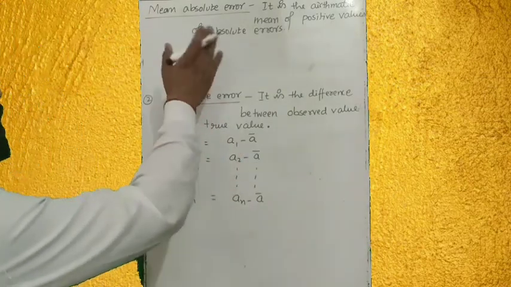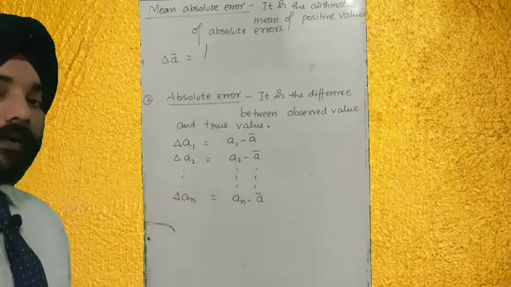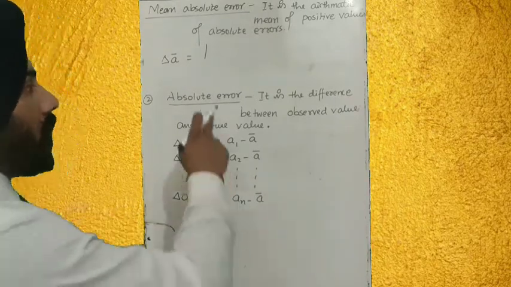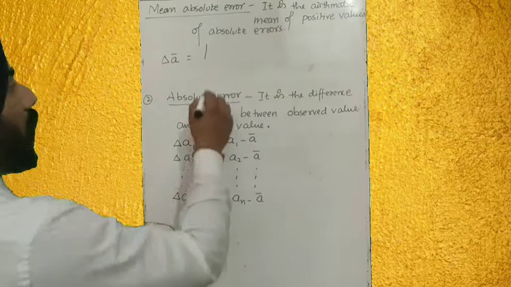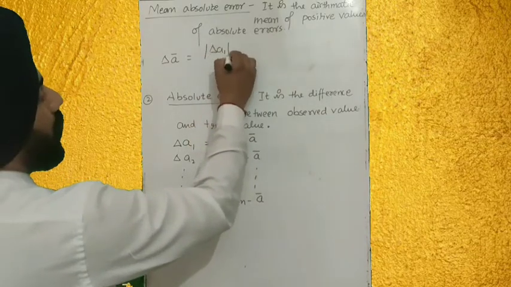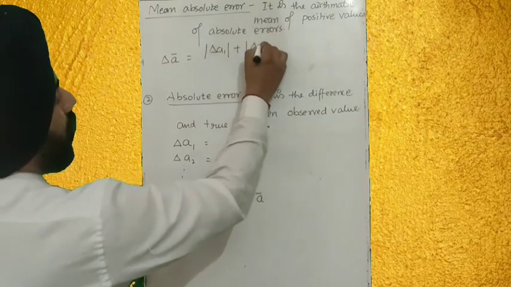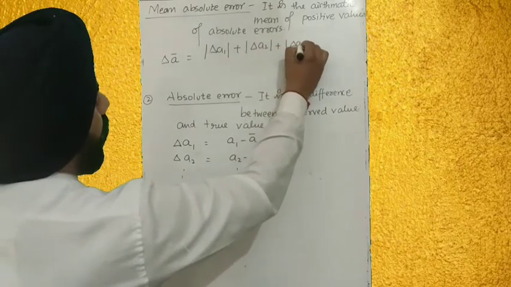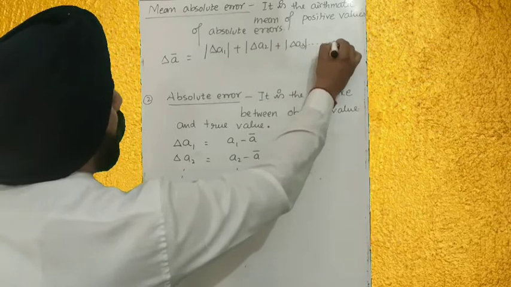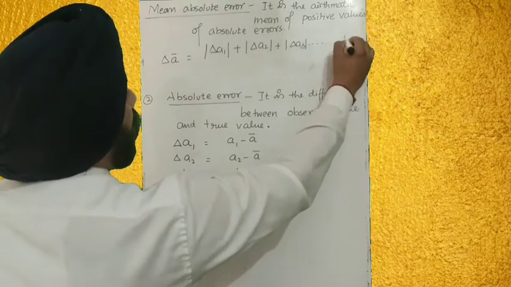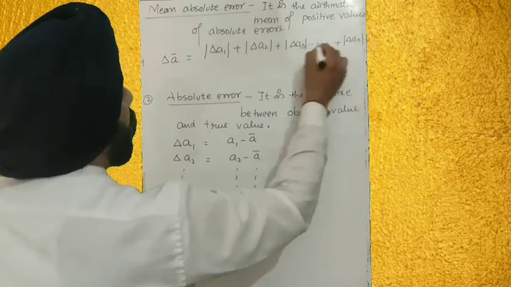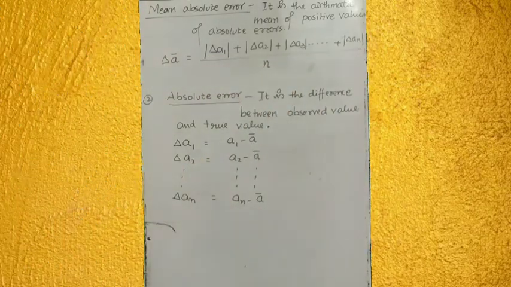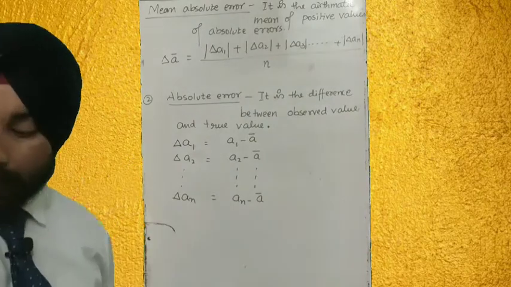But when finding the mean absolute error, we have to take only the positive value, so I am putting mod here. So mod delta A1 plus mod delta A2 plus mod delta A3 and so on, plus mod delta An, divided by n. This is called mean absolute error.